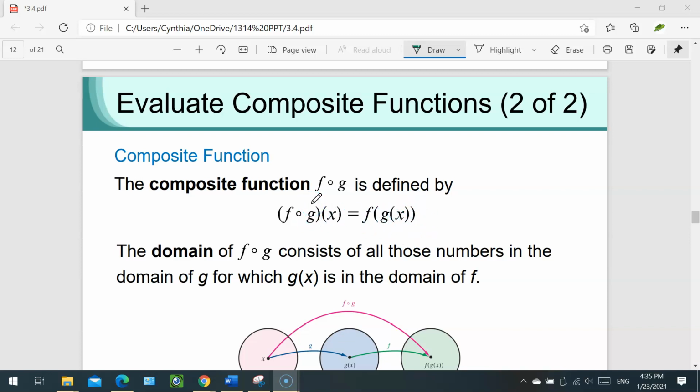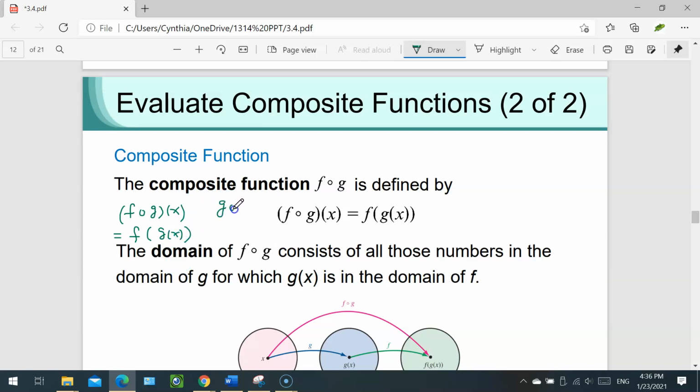So you need to do a little bit of practice. When you have f compose g, when you rewrite it, you will have the f outside, open parenthesis, g of x inside, close.